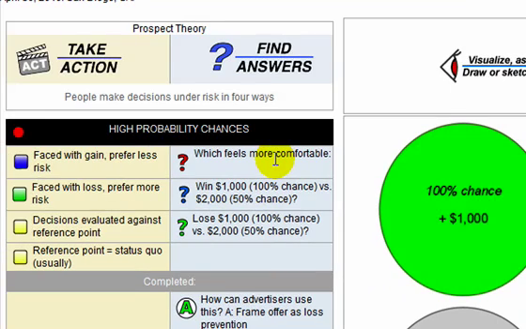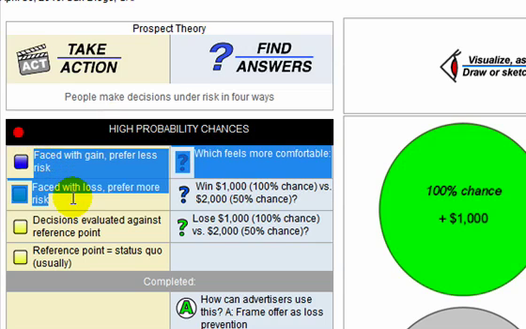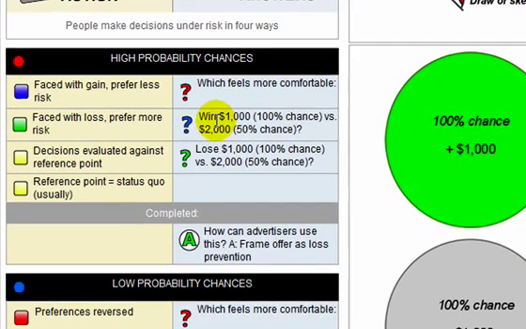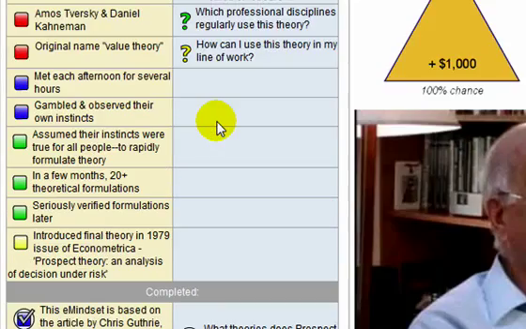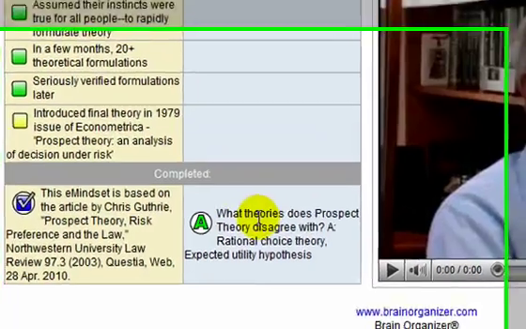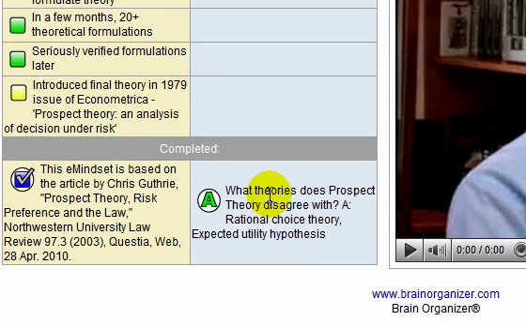We may find a sentence explaining people's risk preferences for high probability chances, combining these two facts in one. And then they also give an example, like in the very next sentence. And then they talk about a theory that prospect theory disagrees with, all in the same sentence.